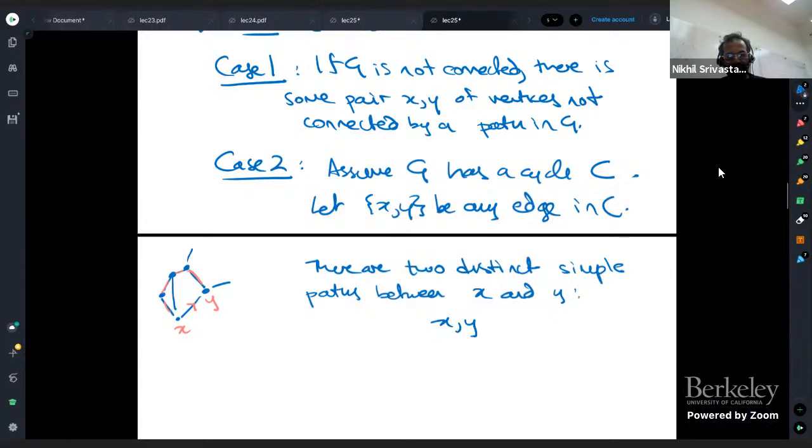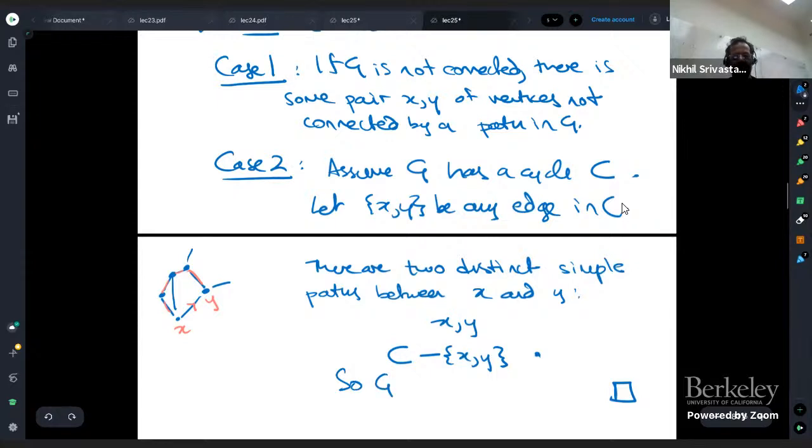And the other is the cycle minus the edge XY, interpreted in the obvious way. If you delete XY from the cycle, you get a path from X to Y. That completes the proof. So G is not a tree. There are two paths, which is what we wanted to show.